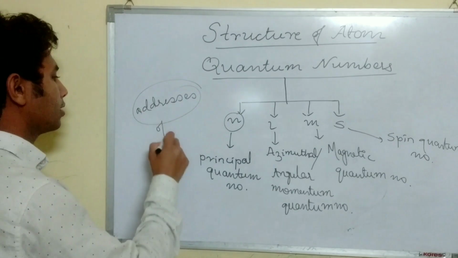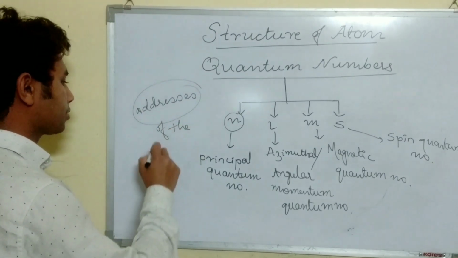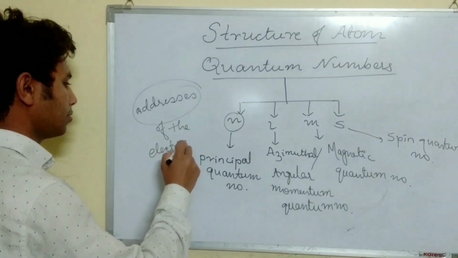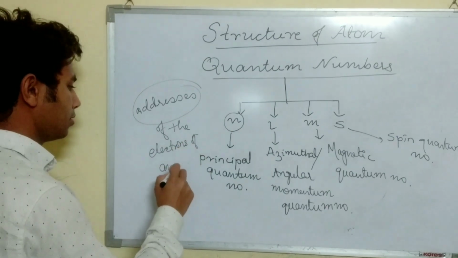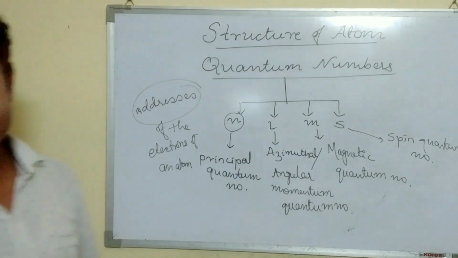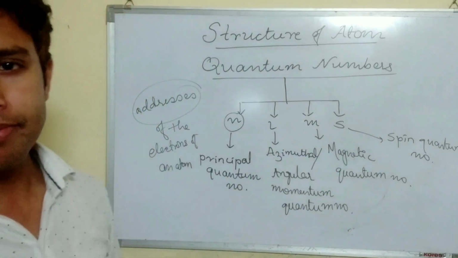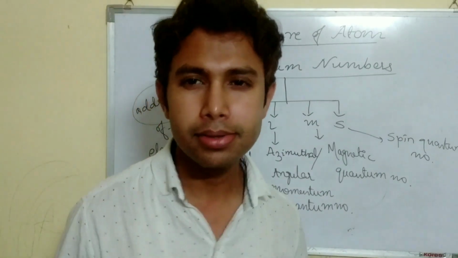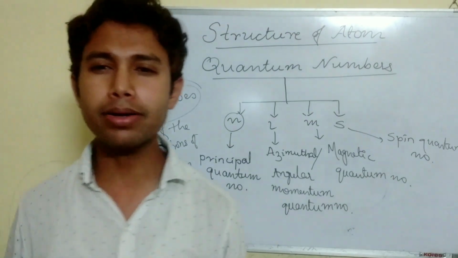of the electrons of an atom. Just consider a person who stays in a place. If we look for his address, what do we have to do first?